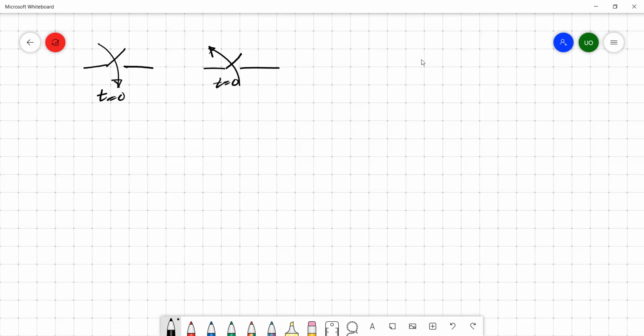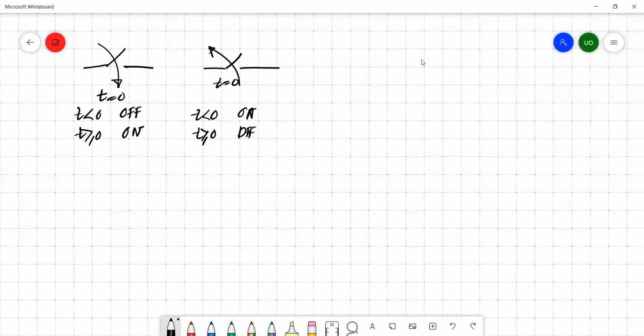Here we identify that this particular switch was off during t less than 0, and for t greater than or equal to 0 it is on. If the arrow is in the other direction, it is on when t is less than 0 and off when t is greater than or equal to 0.